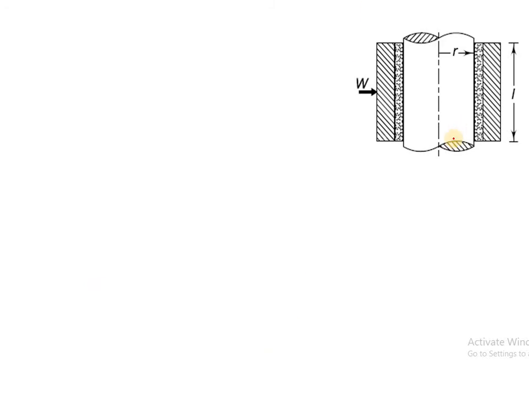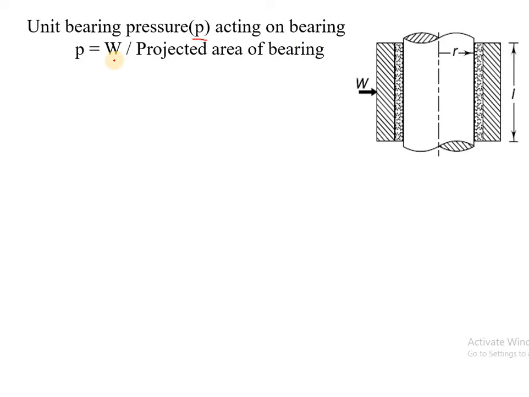Now next, here is the second diagram, in which consider this W. Now this W is nothing but the radial force acting on a bearing. Unit bearing pressure is denoted by small p. Unit bearing pressure acting on the bearing is given by W, that is radial load, upon projected area of bearing.